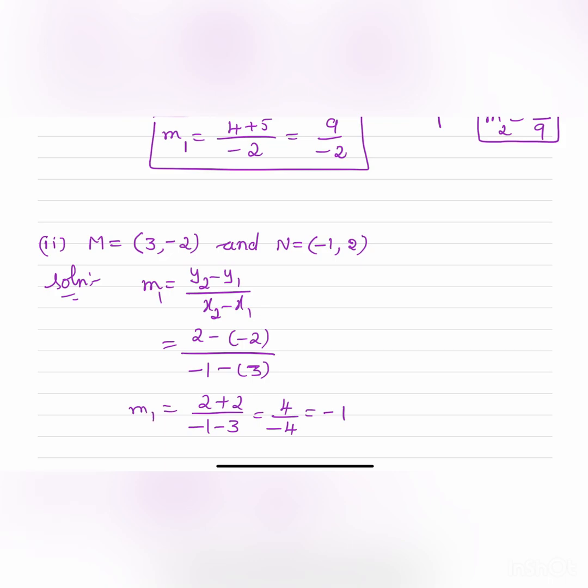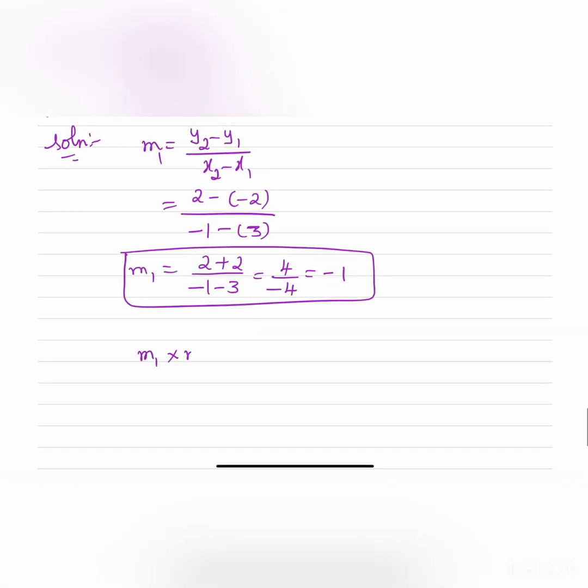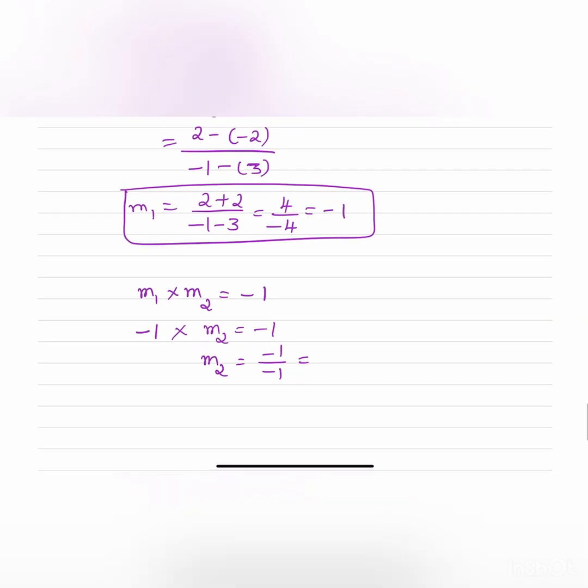Now this is our m1. We have to find out m2, and we know the formula. m1 into m2 is equal to minus 1. Therefore let us substitute this. m1 is minus 1, into m2 is equal to minus 1. Now m2 will be equal to minus 1 by minus 1, or you can cancel just like that. LHS minus 1 and RHS minus 1 will be cancelled, and we are going to get m2 as plus 1.